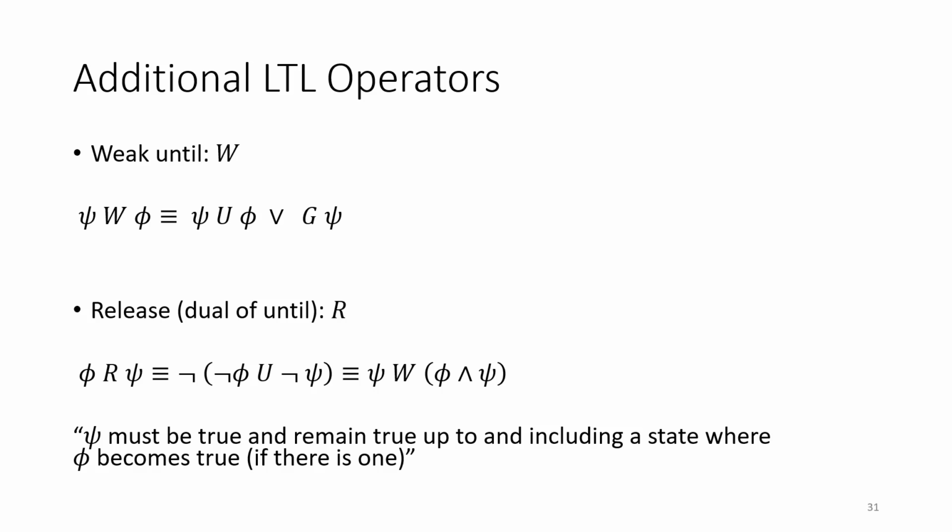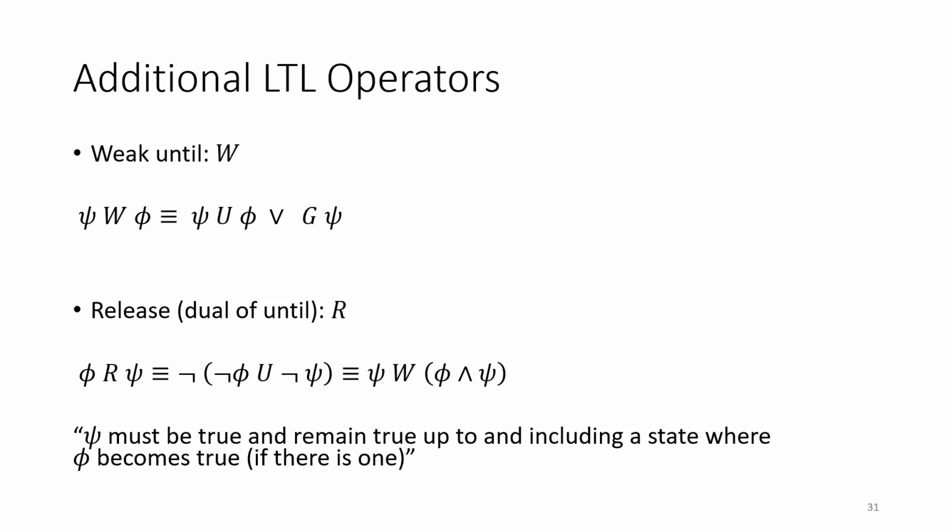And then there is another operator, the release, which is like the dual of until. So the negation of the release operator would simply be the negation of the until, but also pulling the negation into the individual formulas of the until. And that's the same as the weak until.